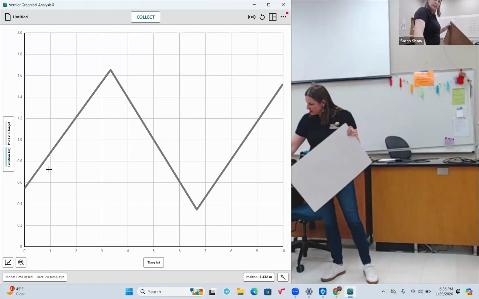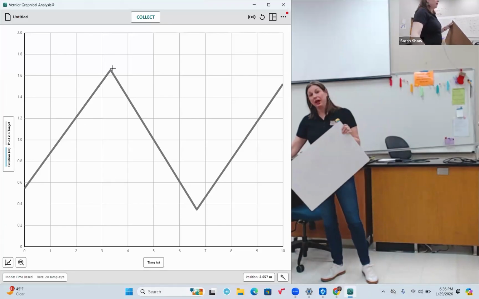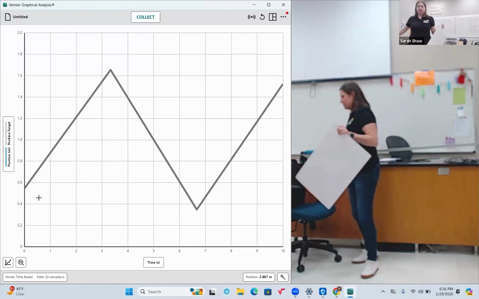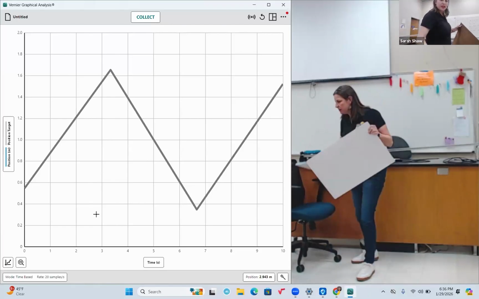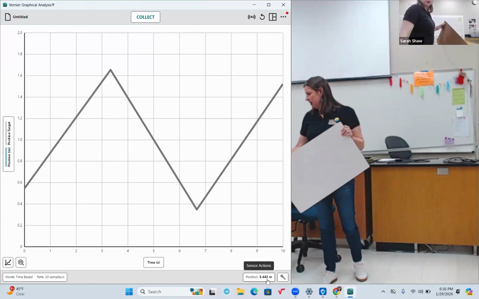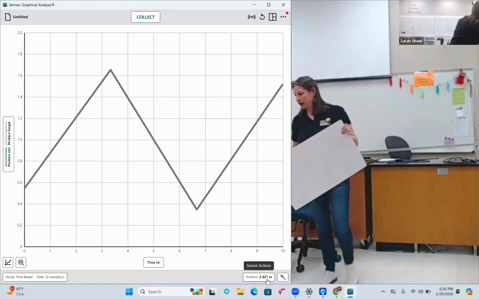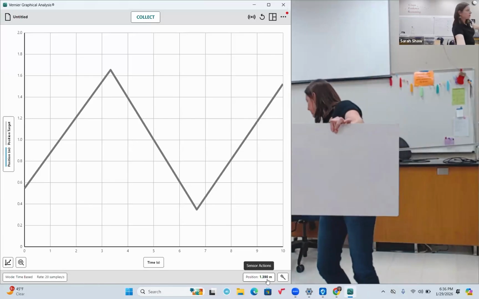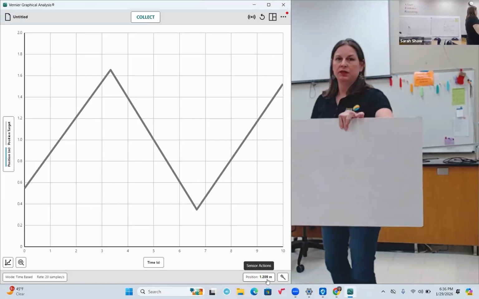So here, positive direction would be moving away from the motion detector. It looks like I need to start at 0.6 meters, and there's this lovely thing down here that tells me my position. So I'm going to need to get a little bit closer. I'm turning around for y'all, trying to figure out.